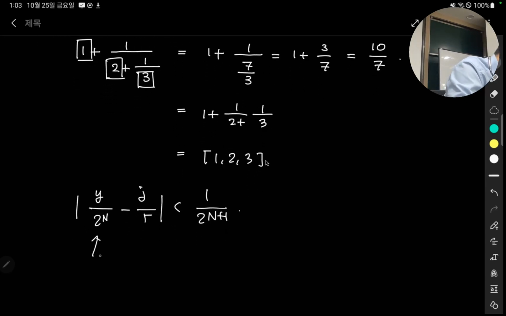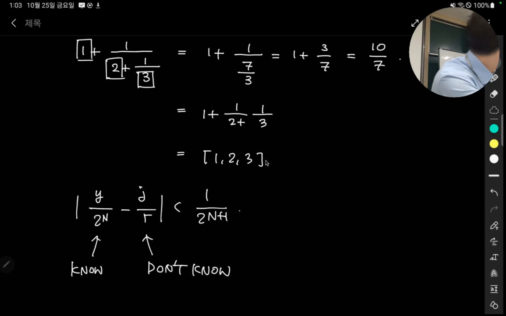This is what we know. This is what we don't know. But what we want is to find a rational number j over r, and we're particularly interested in finding r satisfying this inequality. So let's take more inequalities here.